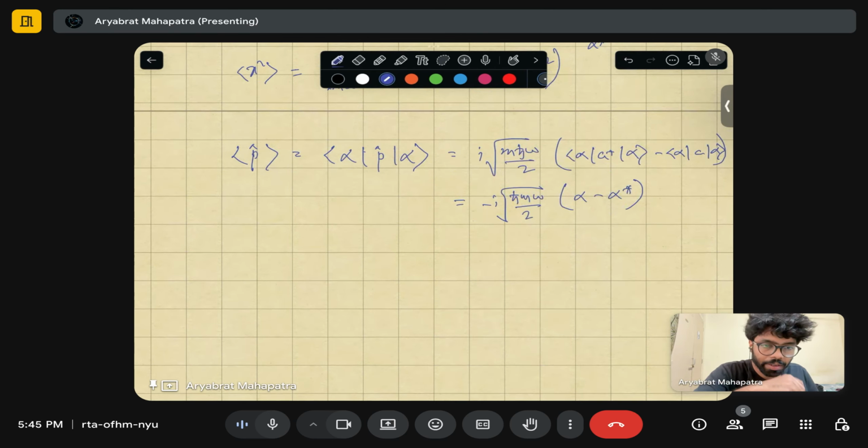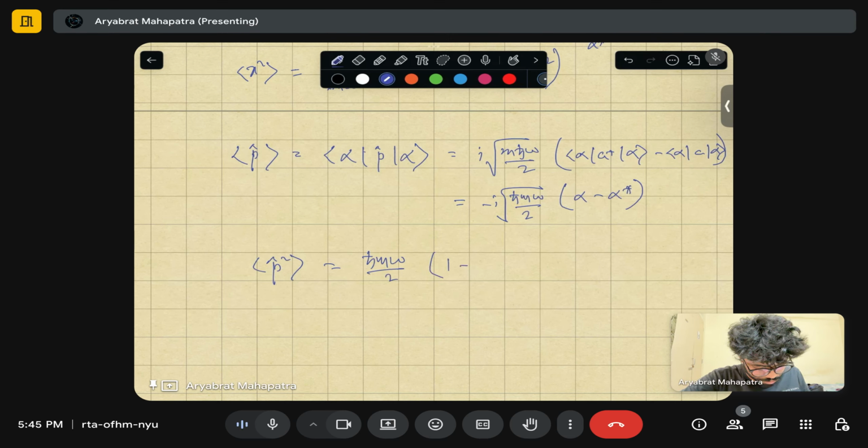Yeah, so in the same way, p squared also you can calculate. I'm directly writing down the value here, 1 minus (alpha minus alpha star) squared here.